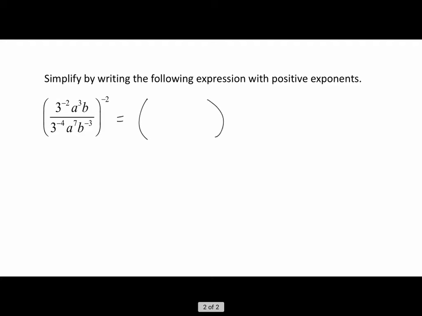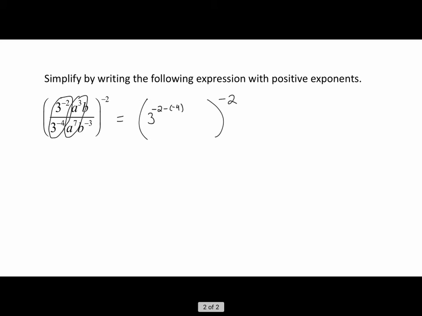Okay, so inside of this negative 2 exponent for everything, I'm going to look at the quotient rule. So 3 to the negative 2 divided by 3 to the negative 4. I'm going to use the quotient rule. So exponent of the numerator minus exponent of the denominator.